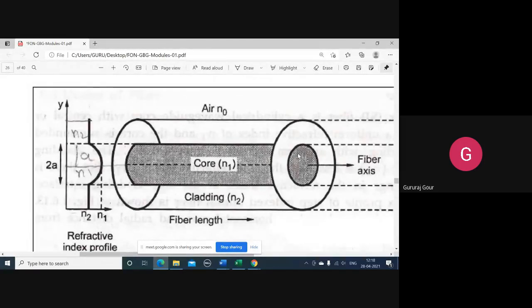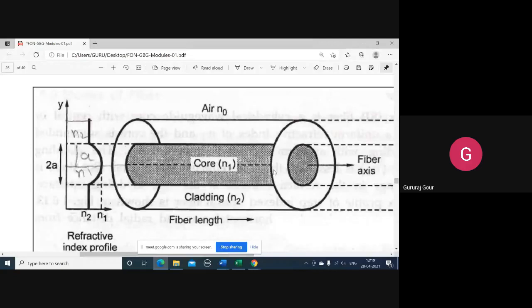Now, in order to support a gradual variation in the refractive index from the wall of the core to the center of the core, that is the fiber axis, where the fiber axis is passing through, okay, from the wall of the core to the center of the core, we want there should be a gradual increase in refractive index.